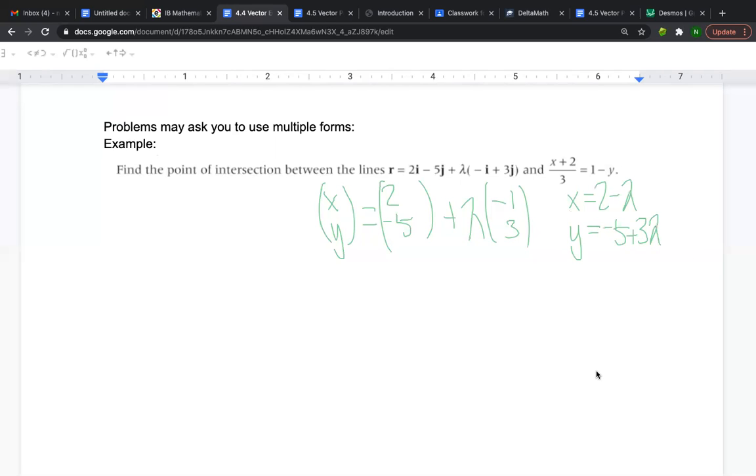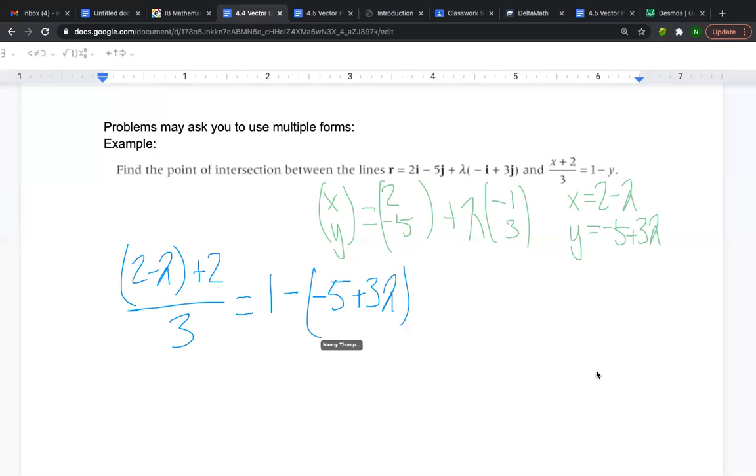Okay, from here, I am going to take the places where I have my x and my y and plug it into this second form. So now I have 2 minus lambda instead of the x, so (x plus 2) over 3 is equal to 1 minus, and then instead of y, I have -5 plus 3 lambda.